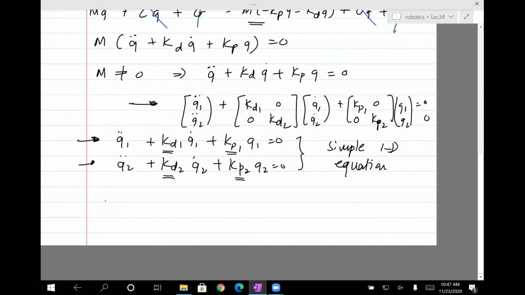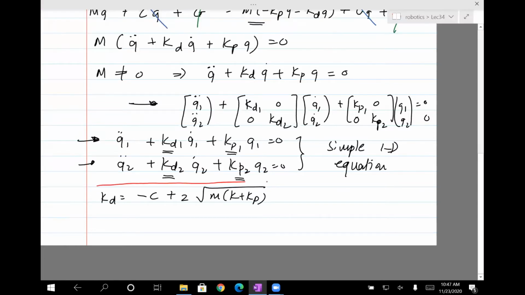So, for example, if you remember the formula, let me write it down: KD equals minus C plus 2 square root M times K plus KP is the formula I wrote down.